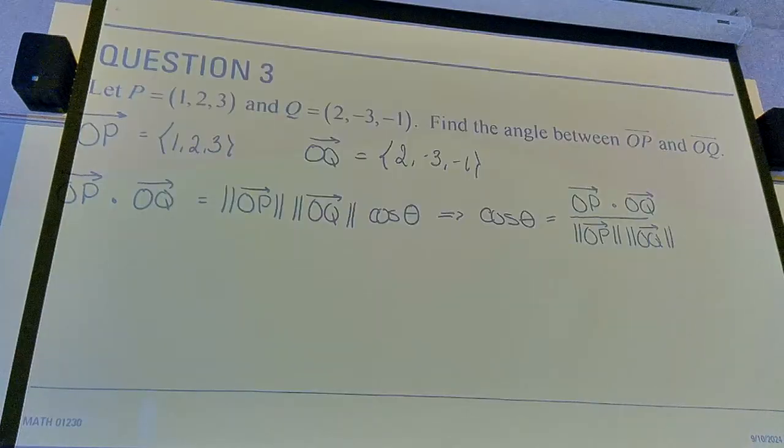So if we solve for cosine of theta, we'll wind up with that. So that's another relation. Specifically, that's the relation for the angle.